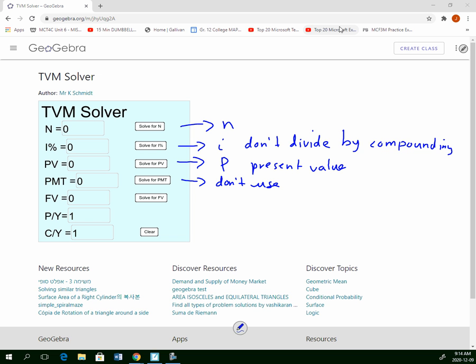FV is your future value, which is your A. So future value is the amount at the end. And then PY, CY should be the same. This is your compounding period.